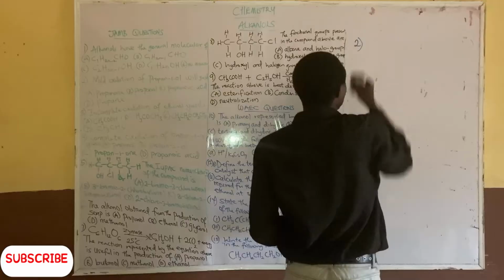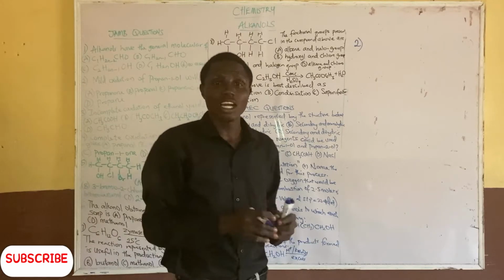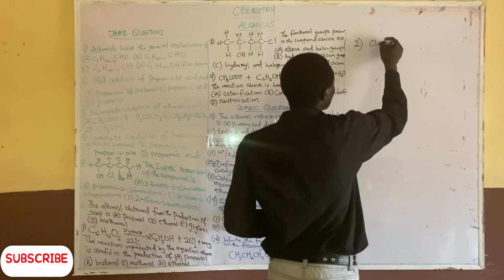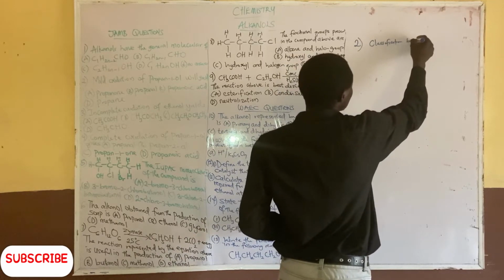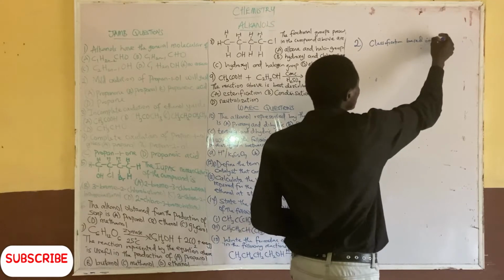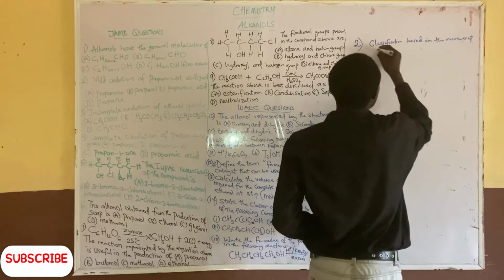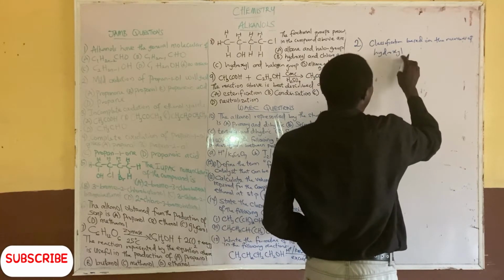So let's move on. Still on the classification of alkanols. The second classification of alkanols is a classification based on the number of hydroxy groups.